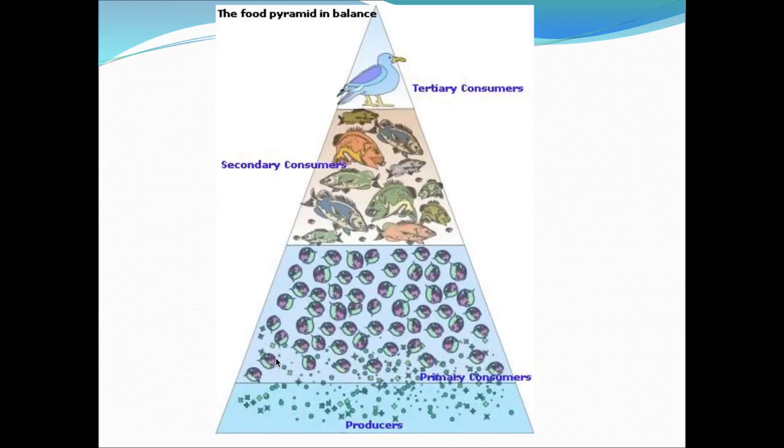How we use a bioindicator. This is a food pyramid. We're going to look at this more in a couple units. But basically, if something is affected in this food pyramid, it affects everybody above and below them. So let's say that frogs are what's called secondary consumers. They don't eat plants, they eat bugs, and the bugs eat the plants.